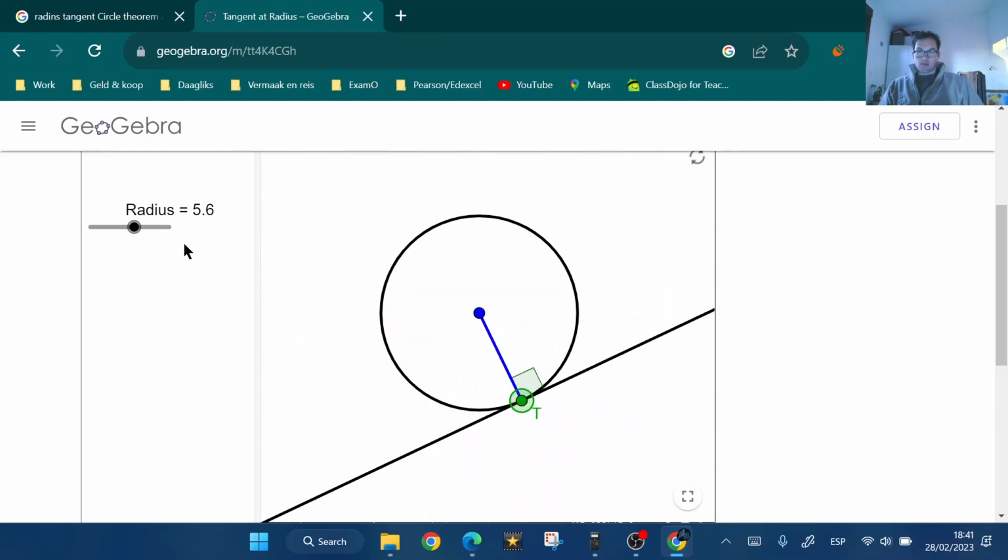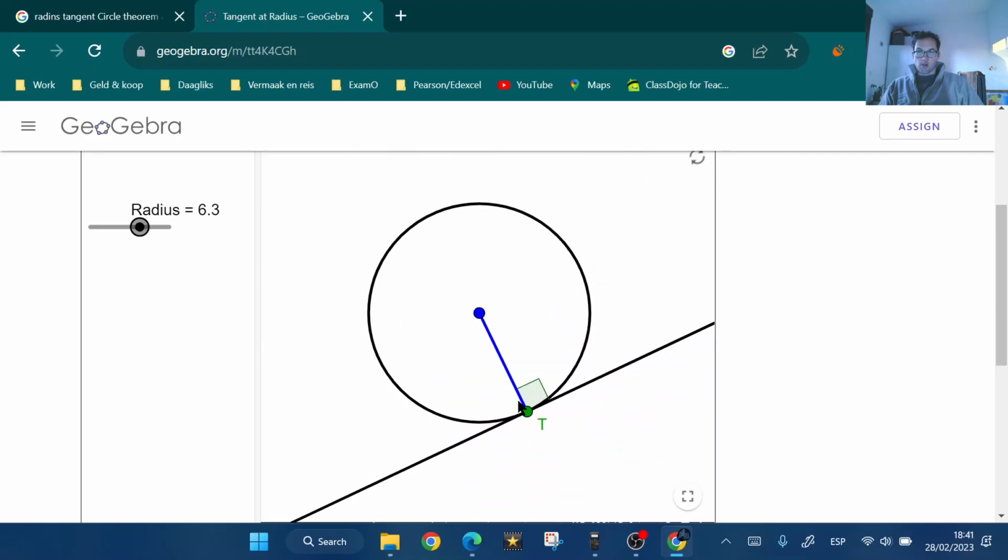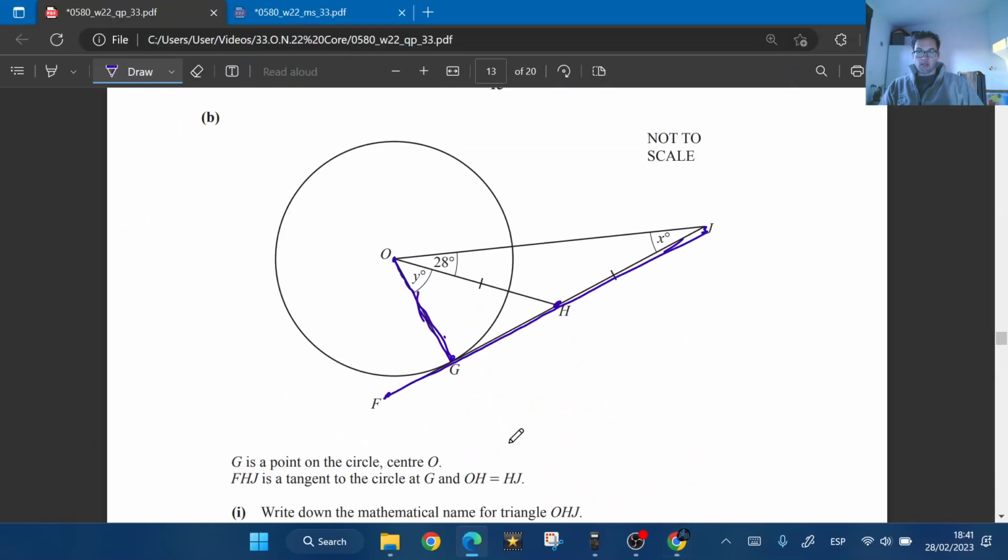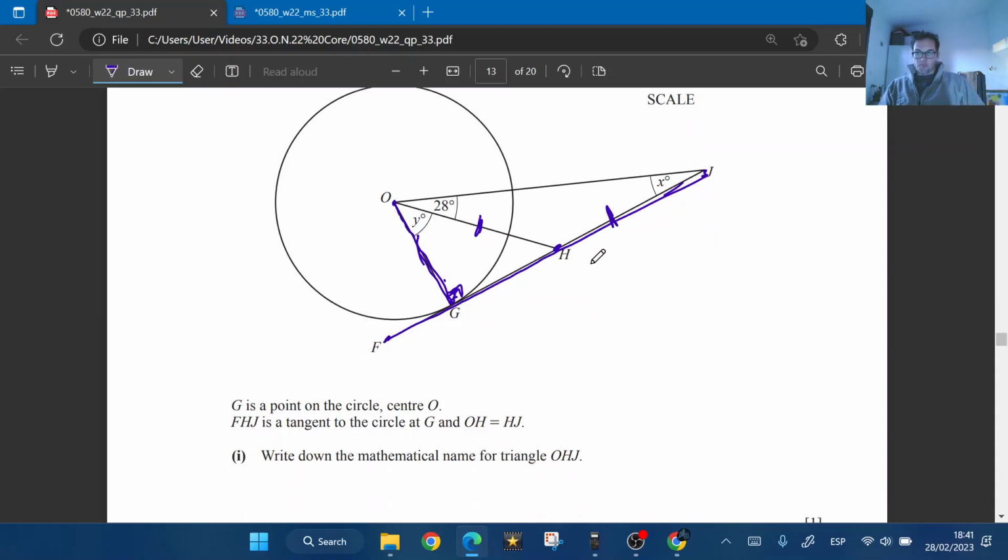You can make the circle bigger, smaller. See, it's always 90 degrees. So that means we know that this angle here is 90 degrees. And then they tell us OH is equal to HJ. So those two angles are the same size.